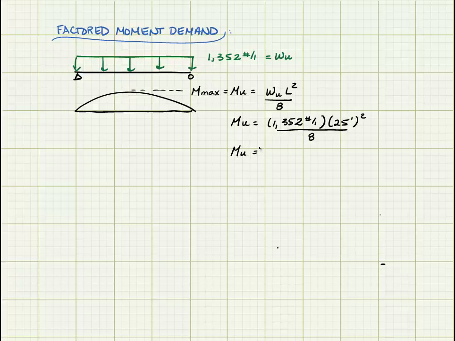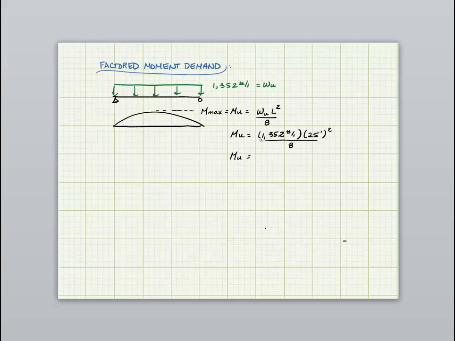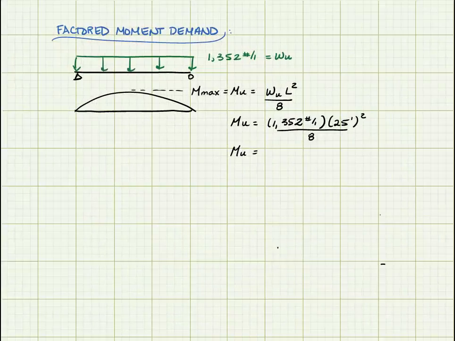And that gives me a maximum factored moment demand of 105.6 kip-feet. So that is the moment demand that we have to design for.